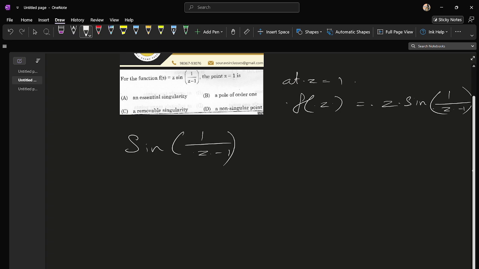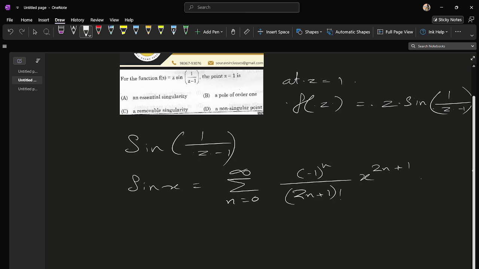To classify this singularity, we expand sin x in its power series. That means sin x is equal to the summation from n = 0 to infinity of (−1)^n / (2n+1)! times x^(2n+1).